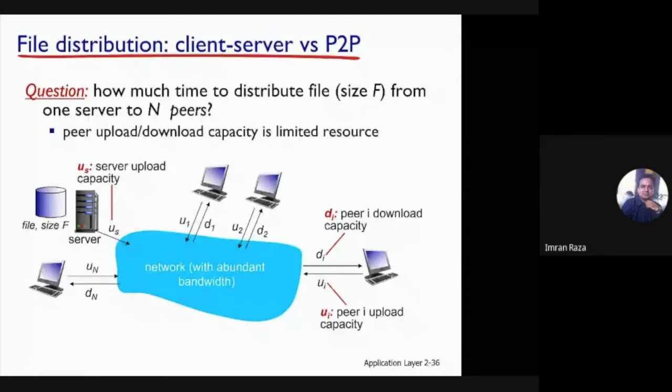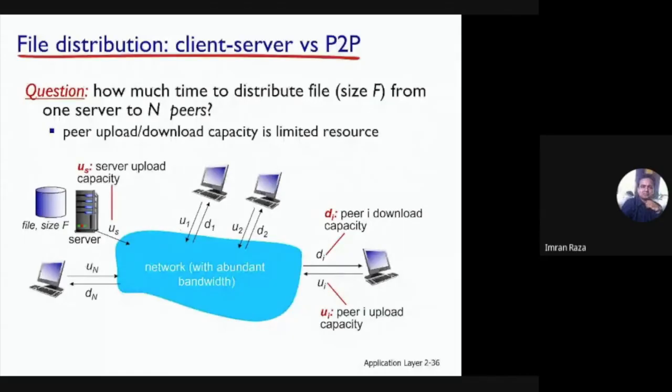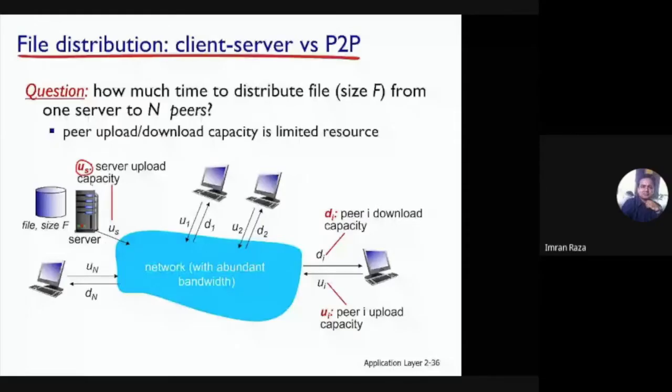So, in order to understand, let's understand the notations that we are using here. U sub S is the server's sending rate, right? It is the rate at which the server is sending data to a host.